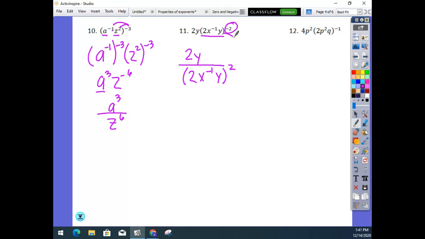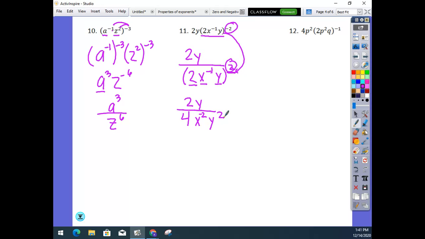So I just move the whole thing down and I just change the outside exponent to a positive. Now let's simplify the bottom, giving each base its own square. So 2 squared is 4. X to the -1 squared is x to the -2. Then y squared.